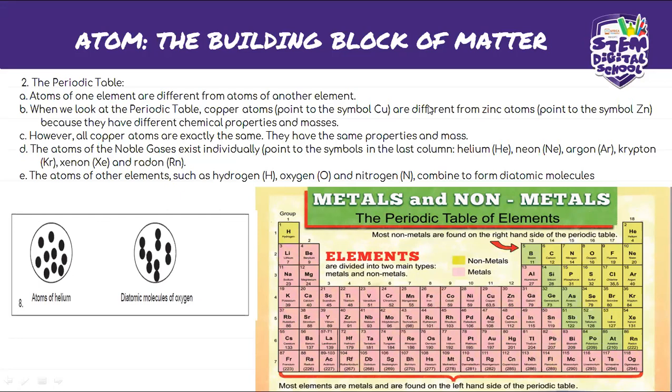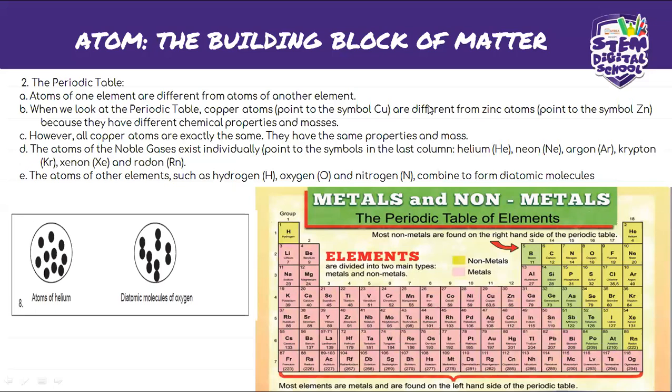Look at point D. Point D is saying the atoms of the noble gases exist individually, meaning they cannot combine with other elements so that they can exist as two. But why do they exist individually?